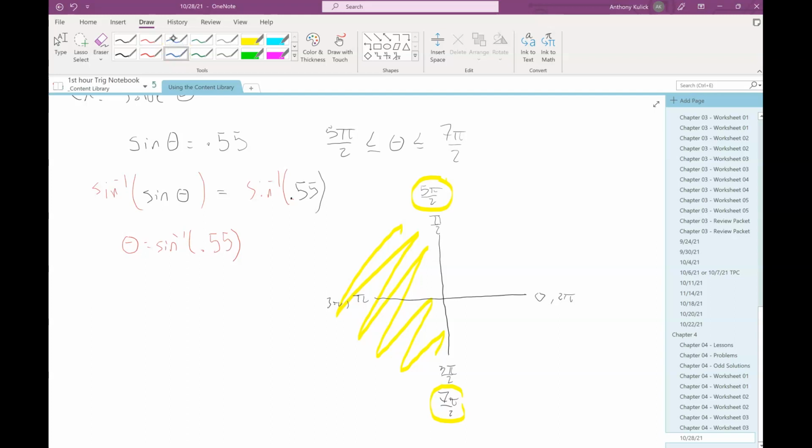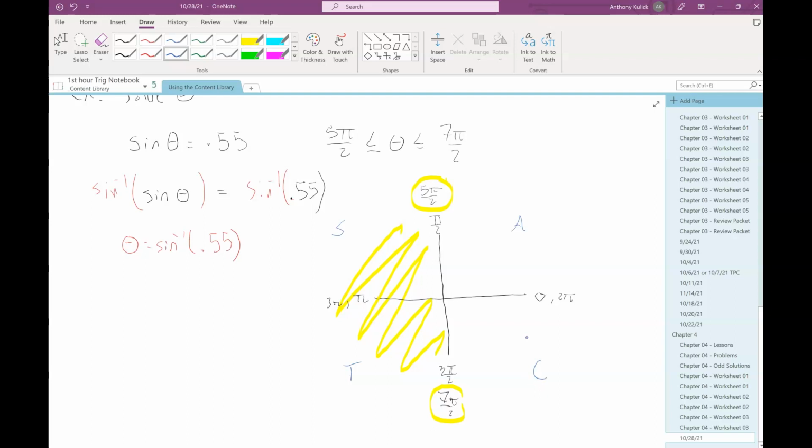Now, if you remember back to chapter 2, we talked about what quadrants sine, cosine, and tangent were positive or negative in. We used that acronym, all silly turtles crawl. What that did was it's just a mnemonic to remember what quadrants sine, cosine, and tangent were positive in.